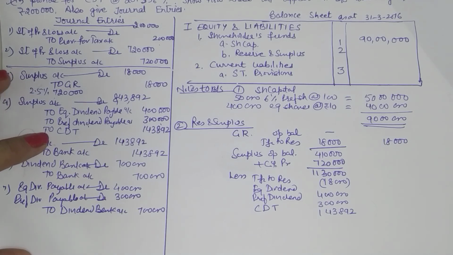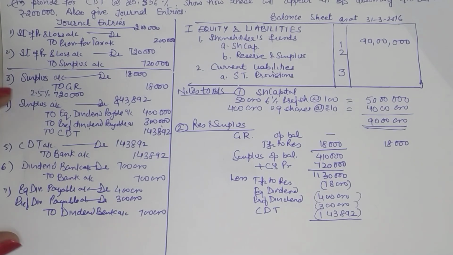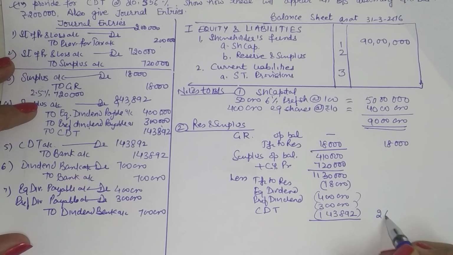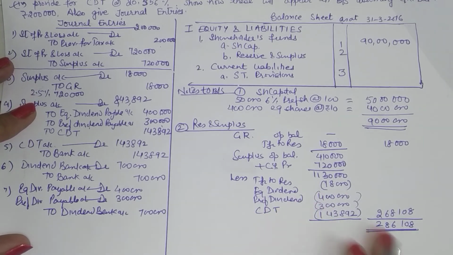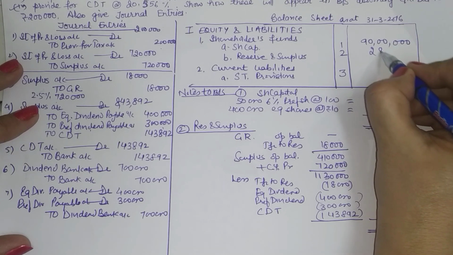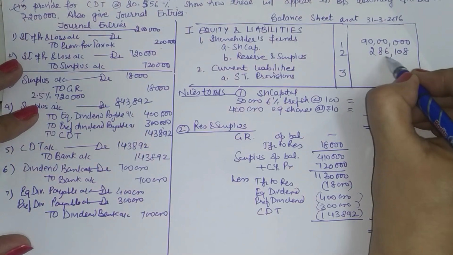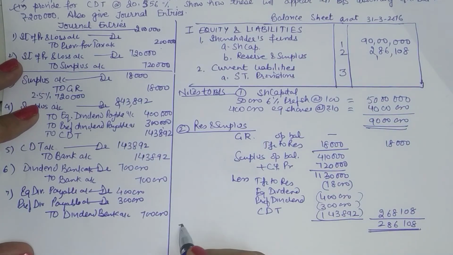So you have 2,68,108. That means your total is going to be 2,86,108. This is your reserves and surplus.